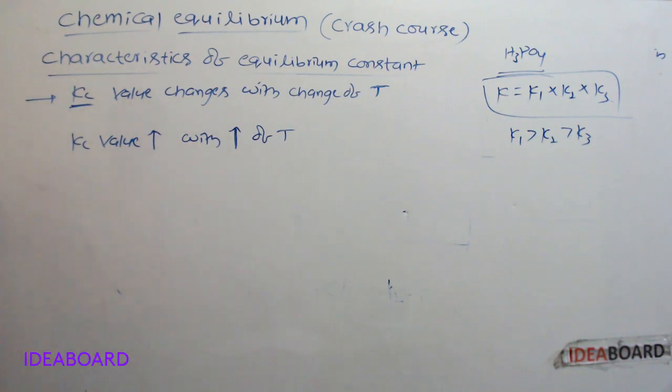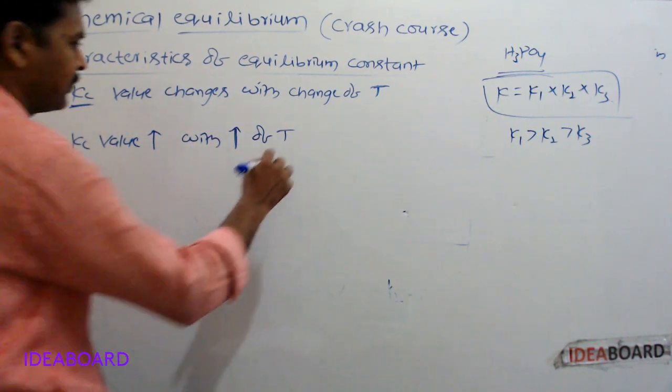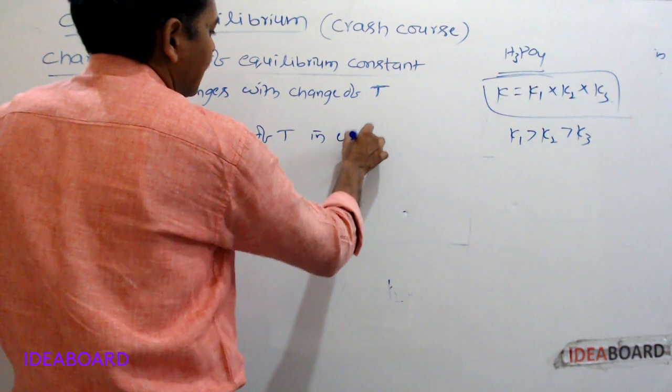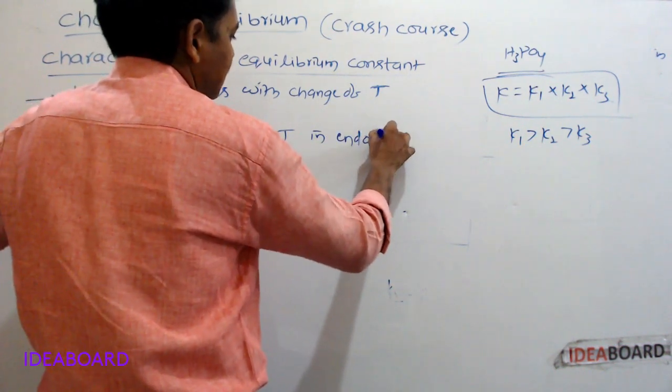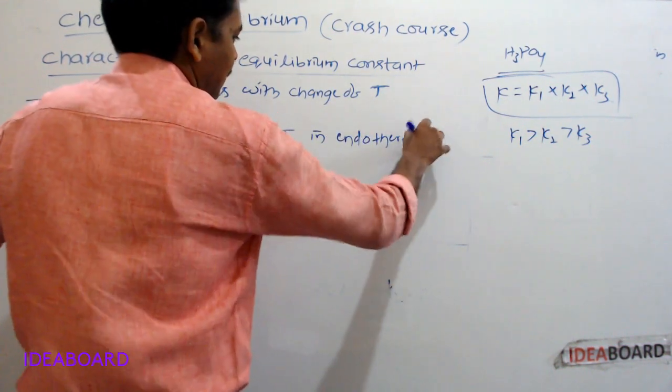Kc value increases with increasing temperature in endothermic reactions. This is a very important point.